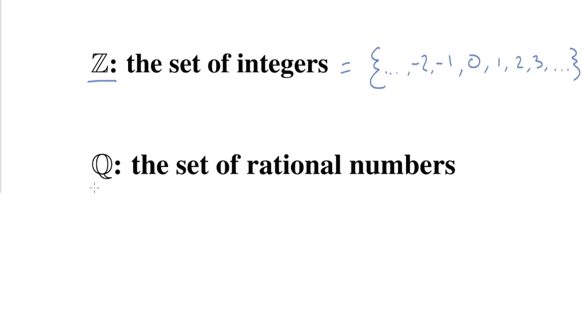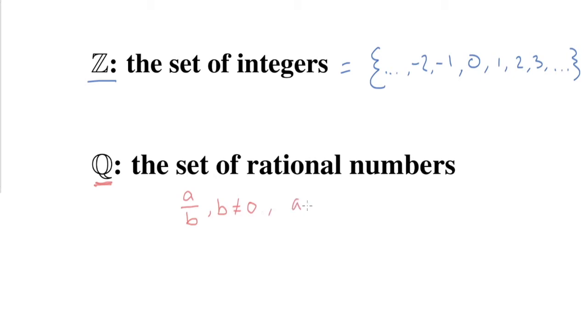The next one is symbolized by the letter Q, and it's the set of rational numbers. Okay, so what's a rational number? A rational number can be expressed as A over B, where B is not 0, because you can't divide anything by 0, so we can't have A over 0.